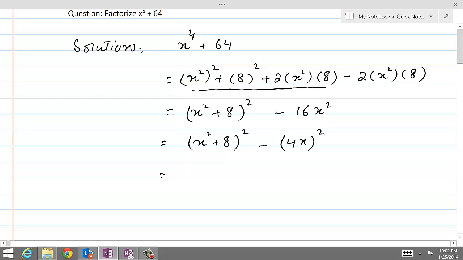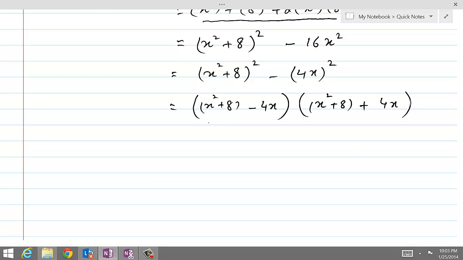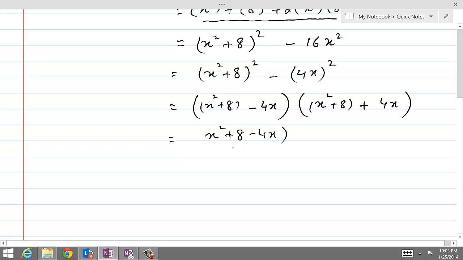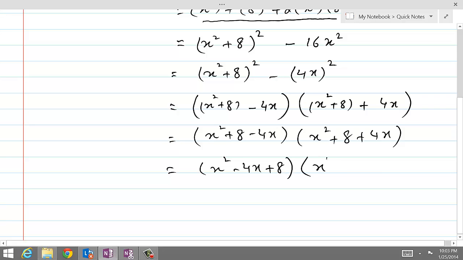So the factors would be (x² + 8 − 4x) one time, and another time (x² + 8 + 4x). Rearranging in descending order, this is (x² − 4x + 8)(x² + 4x + 8).